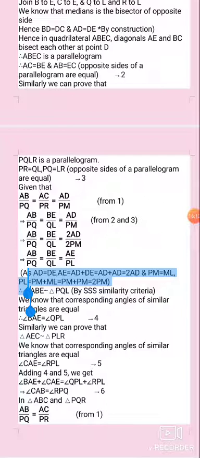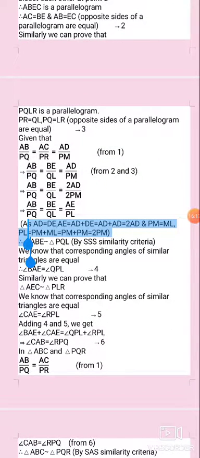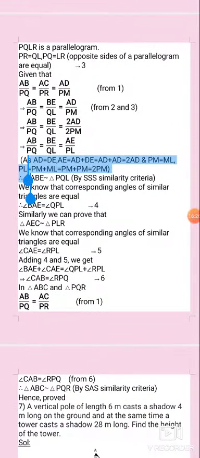In triangle ABC and triangle PQR, AB by PQ is equal to AC by PR. Now angle CAB is equal to angle RPQ from equation number 6. So triangle ABC is similar to triangle PQR by SAS similarity criteria.